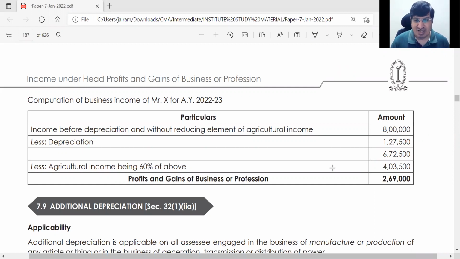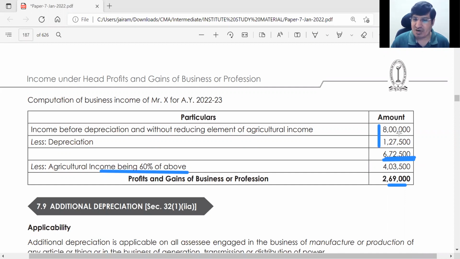Here, when you have taken 60% as agricultural income, we can say that this 269 is 40% of this, correct? So 40% of this, basically 670 to 500, is the sum of this plus this.